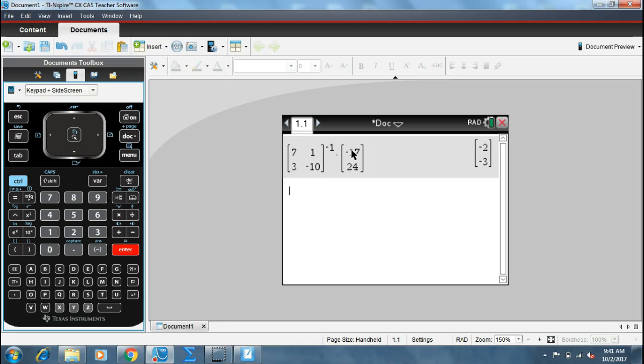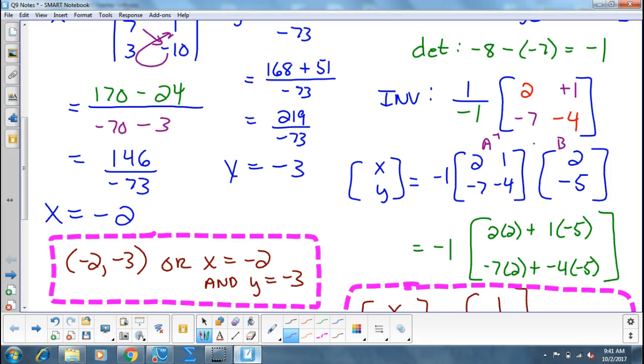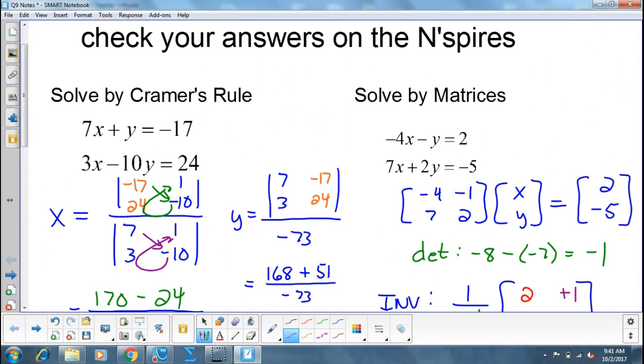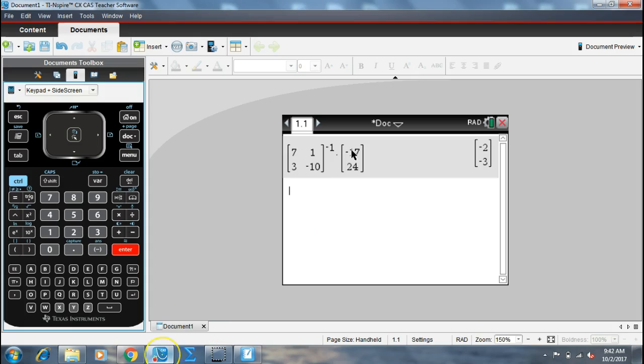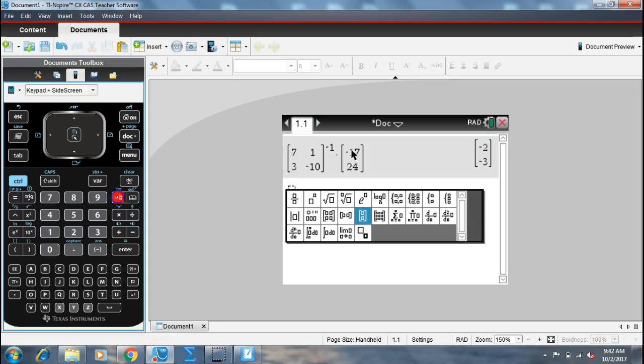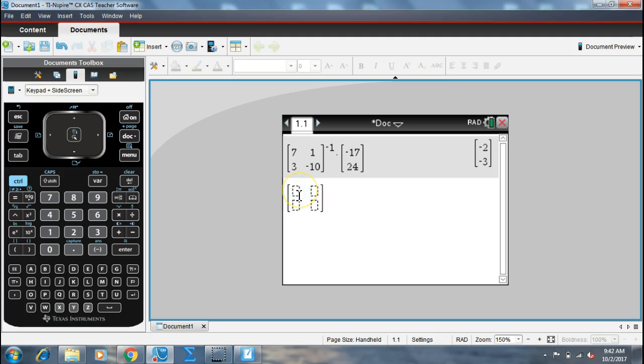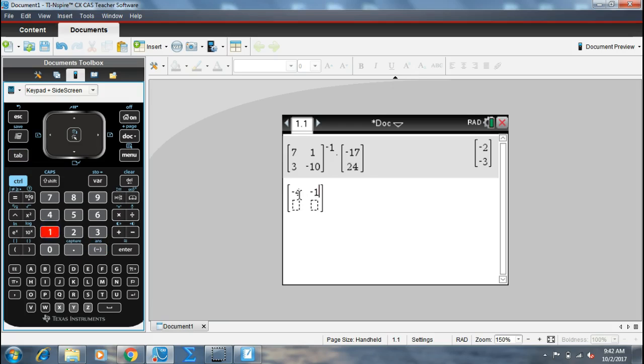Okay? You can skip right down to that ending part. So the second one, negative 4x minus y equals 2 and 7x plus 2y equals negative 5, that one would have a 2 by 2 matrix, and it would be negative 4, negative 1, 7, and 2.